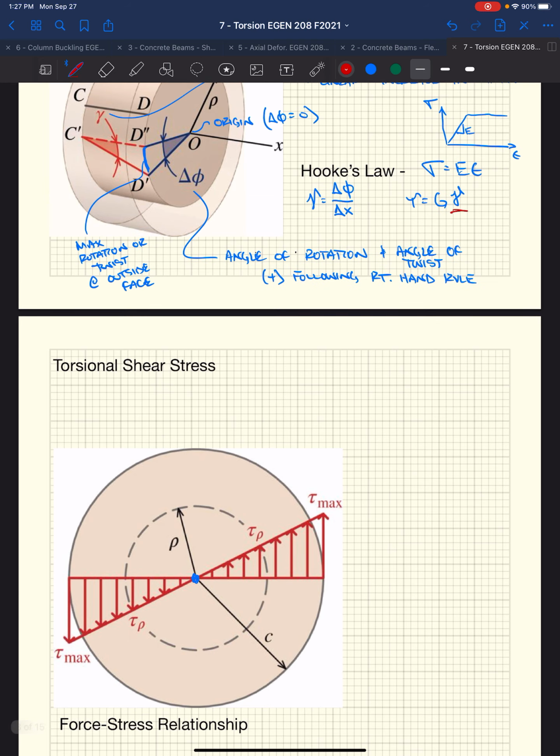If we look up here, as strain increases, stress has to increase, based on Hooke's law. So if the strain is 0 at the center of the cross-section, our stress is 0. If we have our max rotation or twist at the outside face, the angle of rotation, delta phi over delta x, then our strain is going to be the maximum at the outside face. If our strain is the maximum at the outside face, our shear stress is going to be the maximum at the outside face.